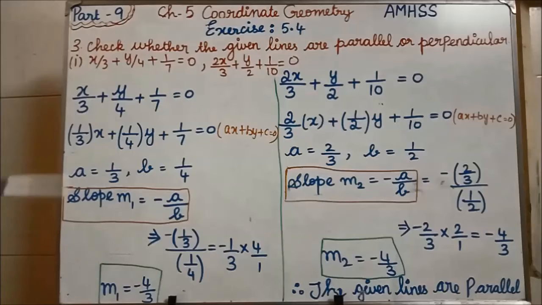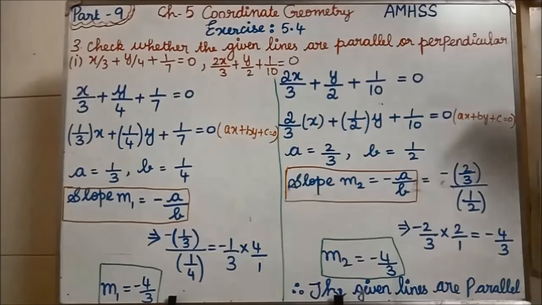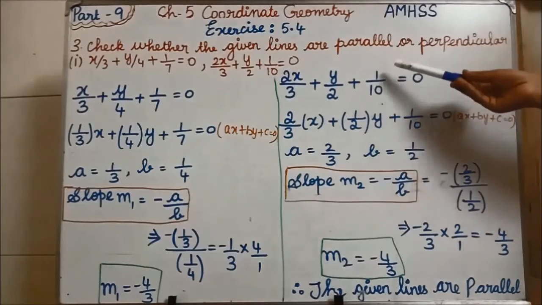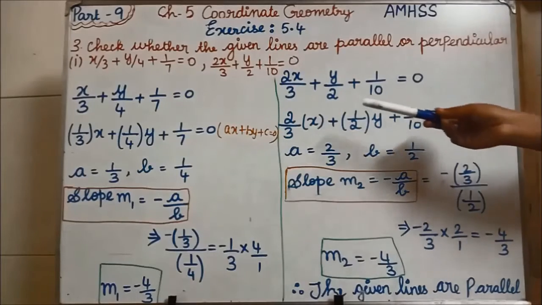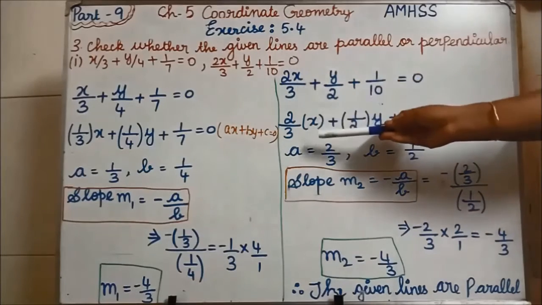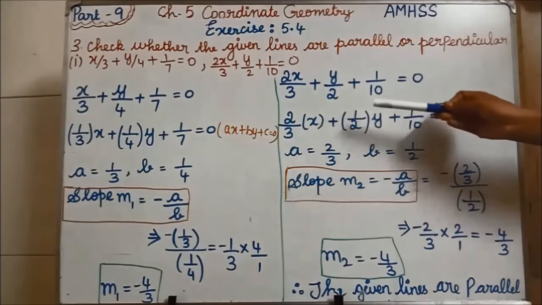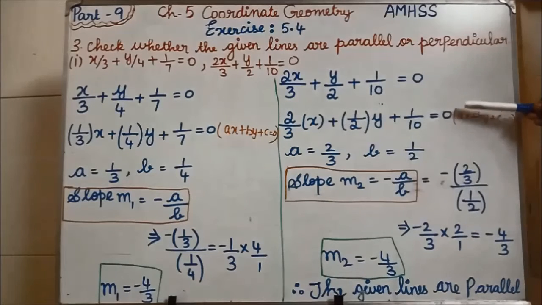Clear, all of you? Now using the first equation we have got the m1 value. Next, using the second equation we have to find the m2 value. What is the second equation? 2x by 3 plus y by 2 plus 1 by 10 equal to 0. Separately write the x, y. The remaining is 2 by 3 here, 1 by 2, plus 1 by 10 equal to 0.